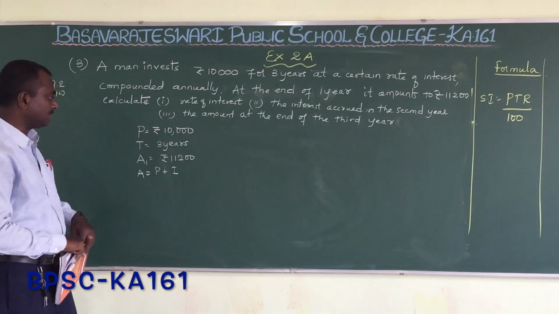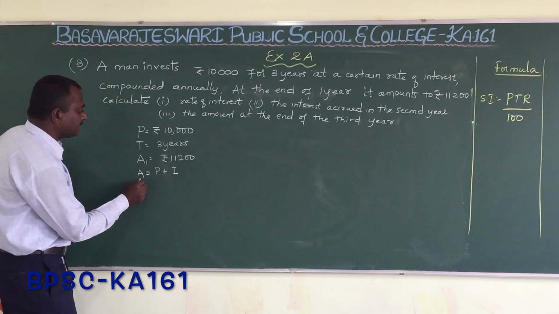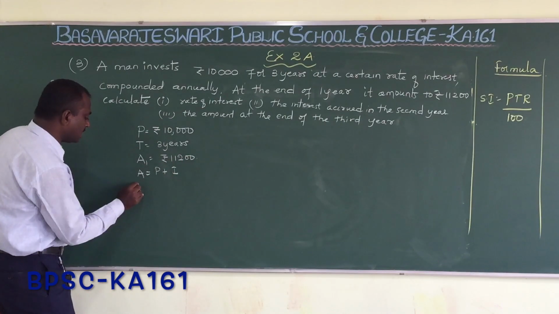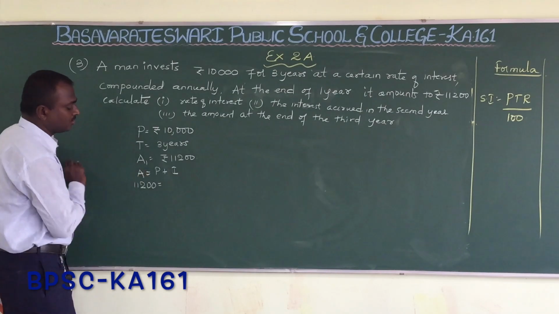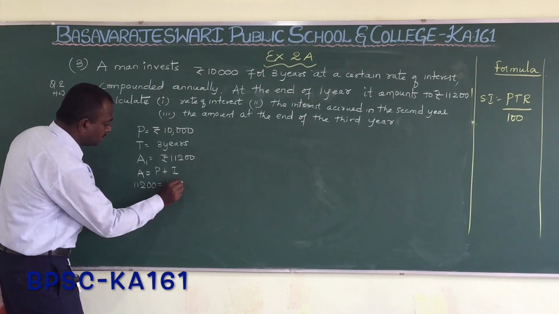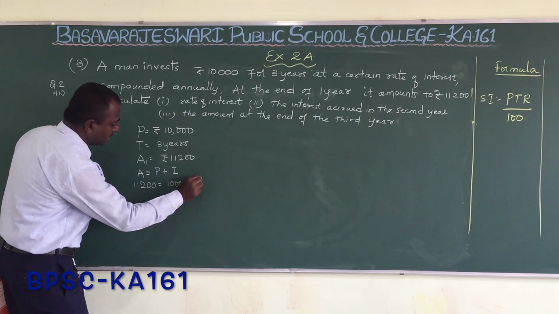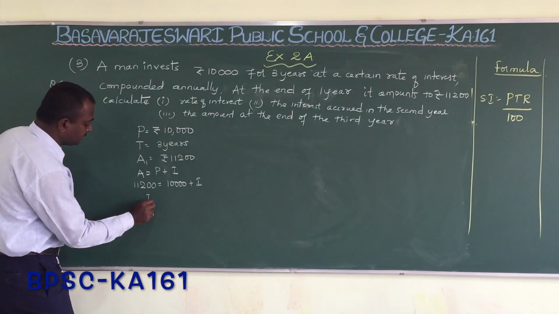So what is the amount given? 11,200 is equal to, what is the principal? 10,000, plus I. Therefore we can find the interest for the first year.